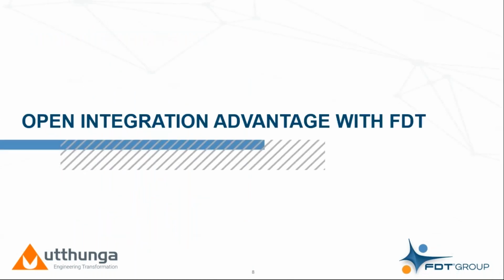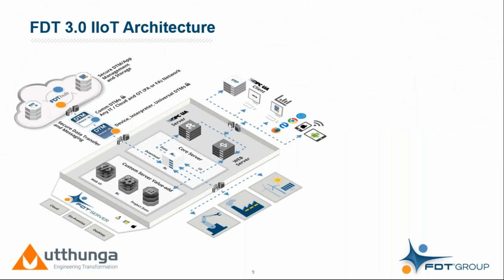So a little bit about our advantage from an open integration perspective. This diagram is our new FDT3 architecture that supports the industrial Internet of Things. And I just want to highlight a couple quick things here for you. Central to today's conversation, you'll notice in this FDT server, which is this blue rectangle here, you see that there's an embedded OPC UA server, and we'll talk about that much more extensively in a few minutes.